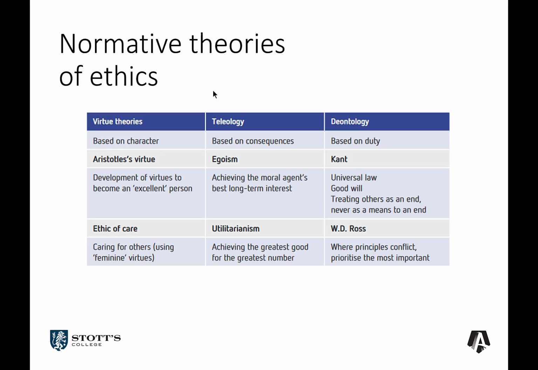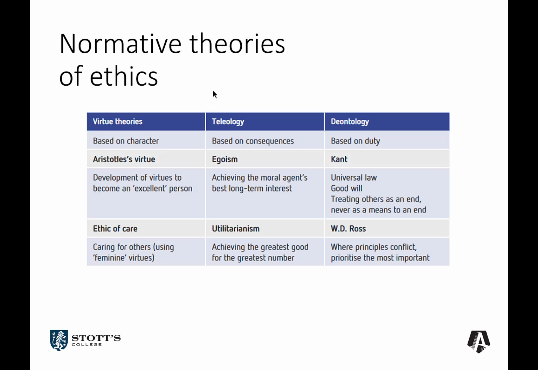They are egoism, achieving the moral agent's best long-term interest, and utilitarianism, achieving the greatest good for the greatest number of people. So one's about the person themselves, or the company itself, and one's about balancing the needs of the many over the needs of the few. Or the one. Thank you for those people who understood the Star Trek reference.